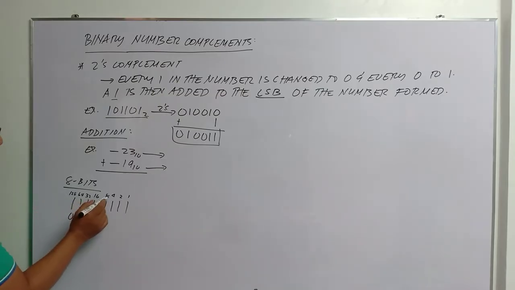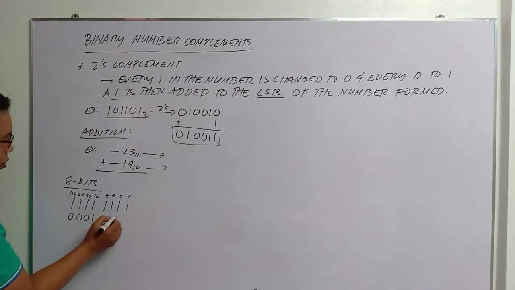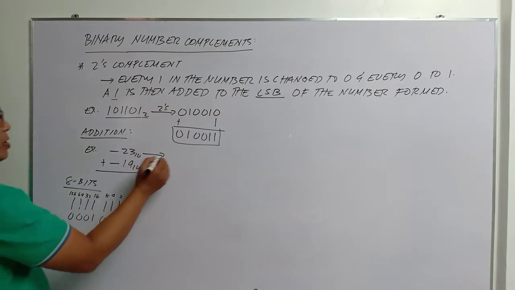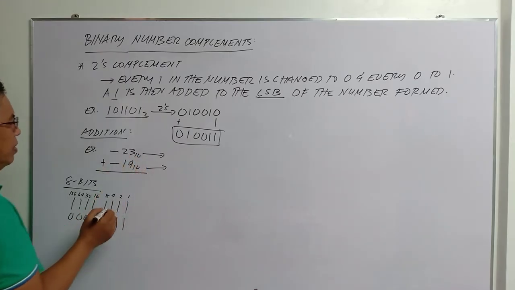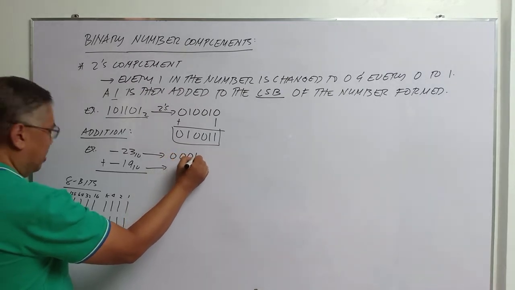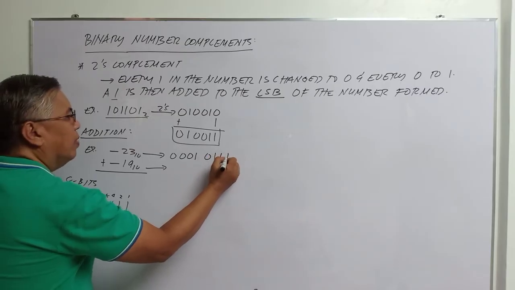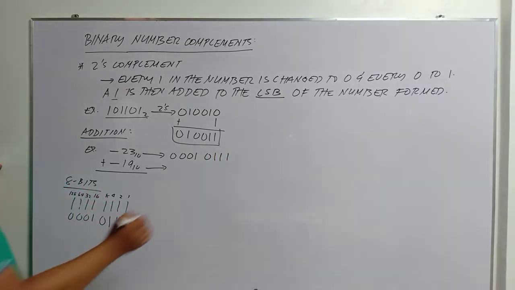That is 16. 16 plus 8 is 24, more than 23, so you make it 0. 16 plus 4 is 20, 22, 23. So the equivalent of 23 in binary form is 0, 0, 0, 1, 0, 1, 1, 1 of base 2.